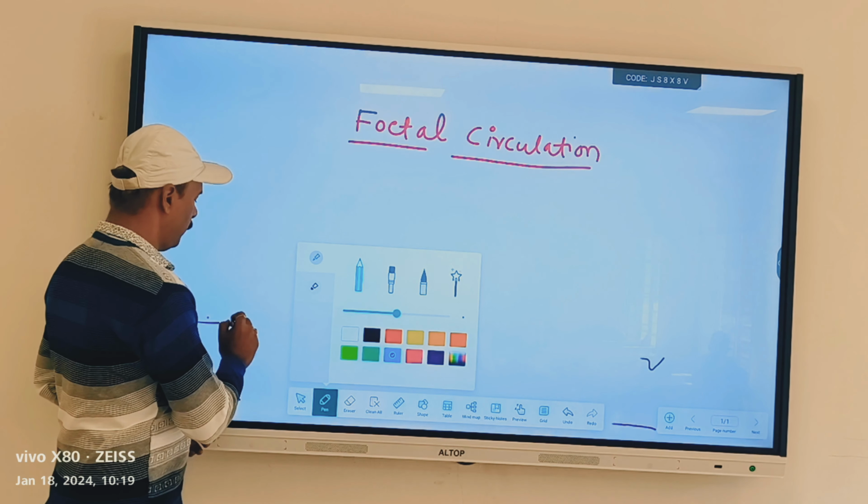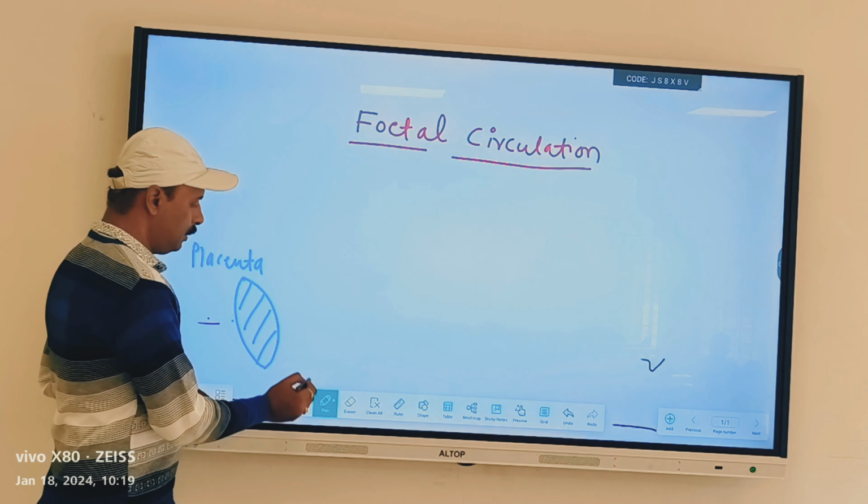The baby grows in the female reproductive organ, the uterus. Inside the uterus the fetus is growing, and on the wall of the uterus there is an attachment of the placenta.